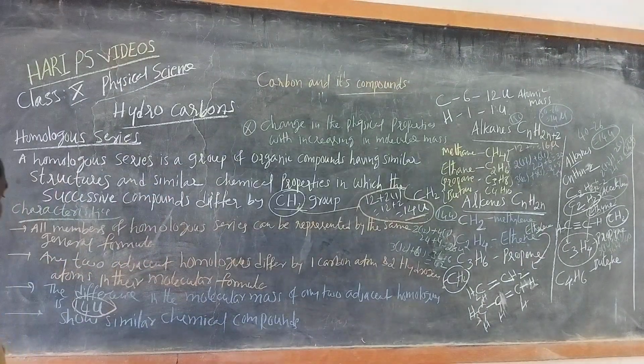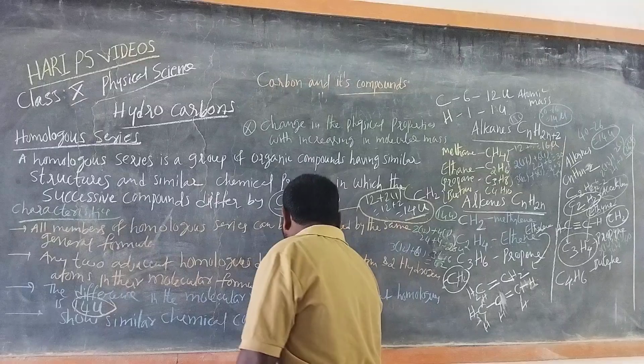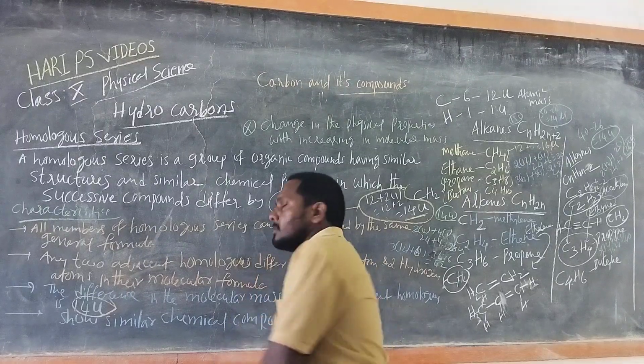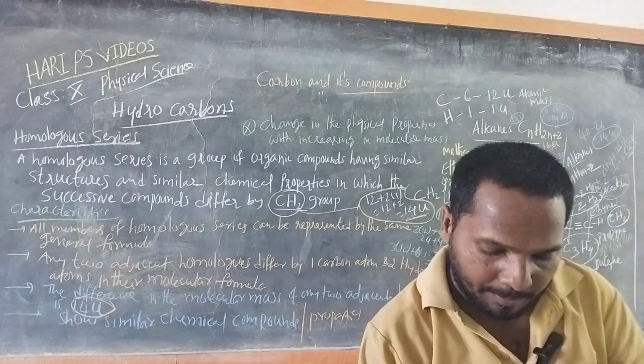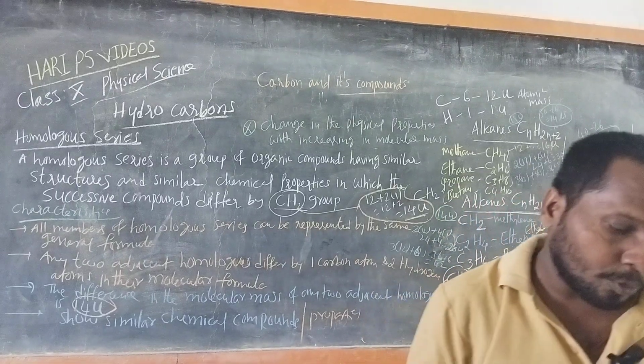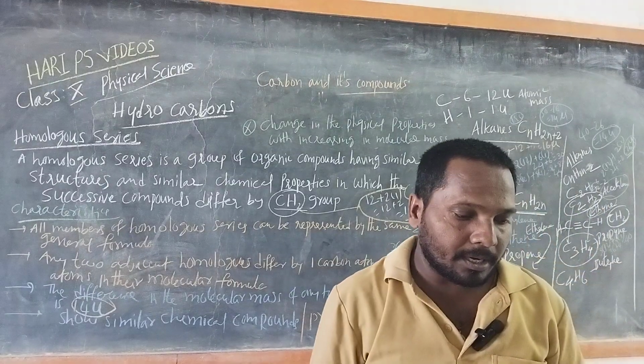Then they show similar chemical properties. All compounds of a homologous series show similar chemical properties.